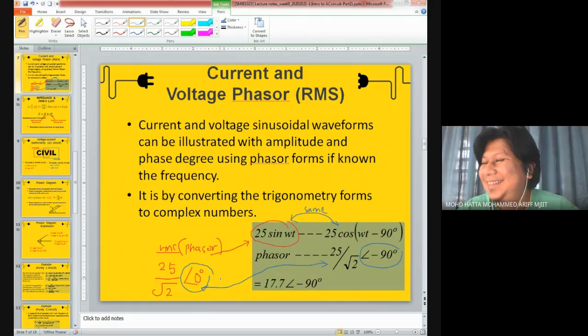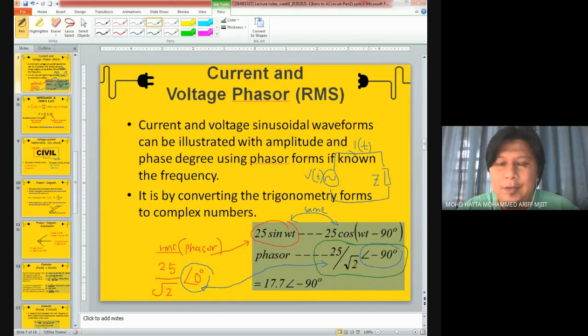It's quite hard. For example, if you have a voltage, here we have Z, this is i(t), and this is p(t).